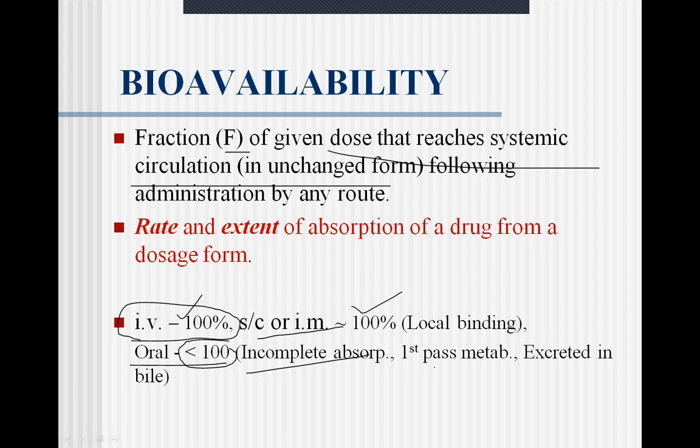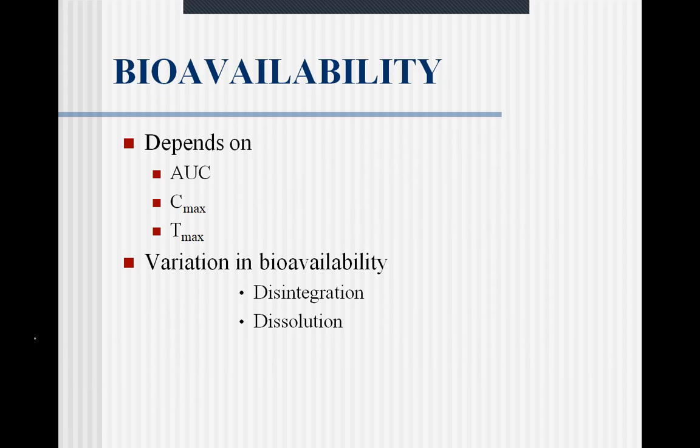This is due to incomplete absorption, first pass metabolism, and because some drugs are excreted in the bile. This bioavailability depends upon the area under the curve, the maximum concentration of the drug, and the time for which the drug stays. There are certain factors affecting bioavailability such as disintegration and dissolution.